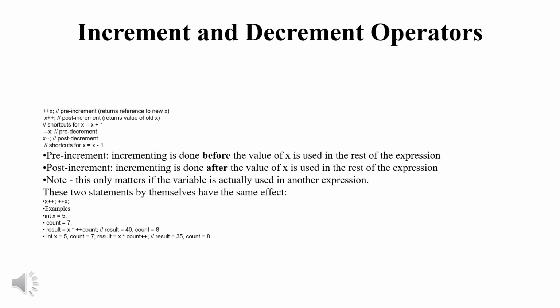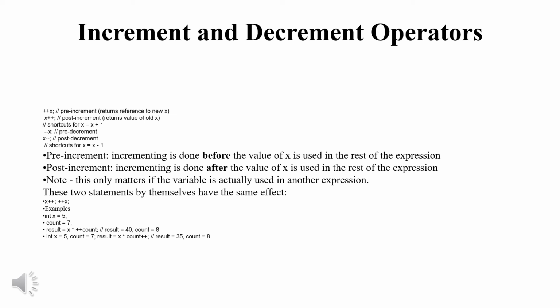But when you use the post-increment x plus plus, the value of x will increase after that line of code. For example, in the example below, we have x be 5 and count be 7. Then we have x multiplied by plus plus count.